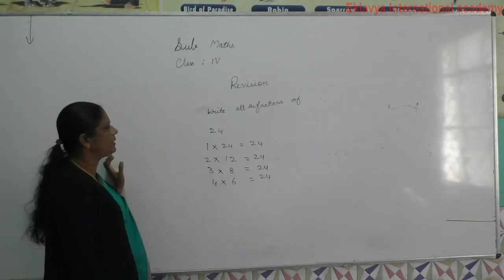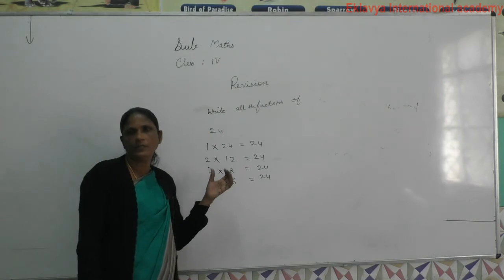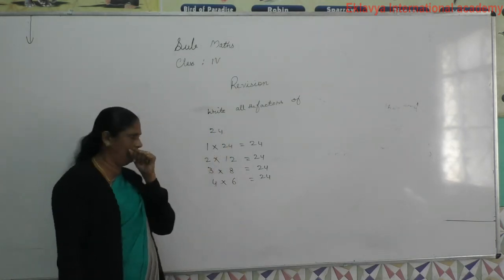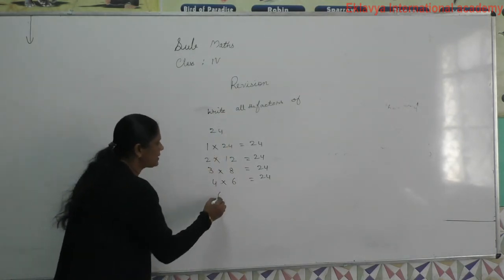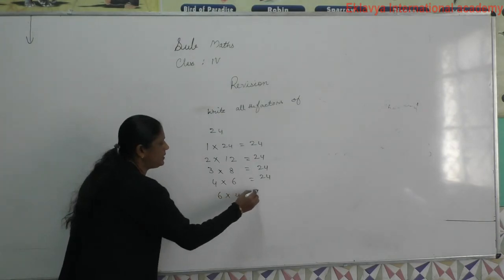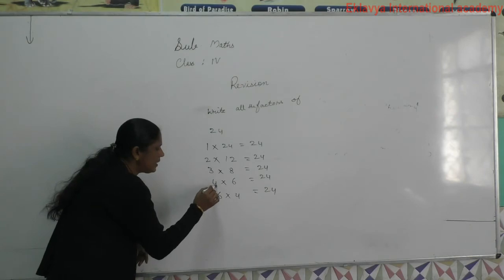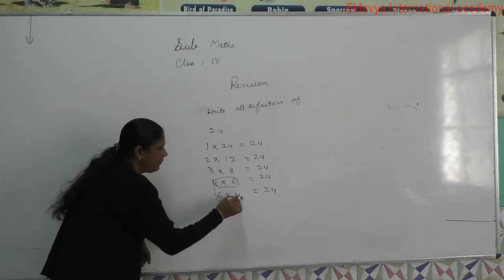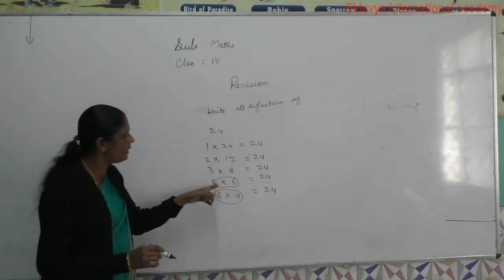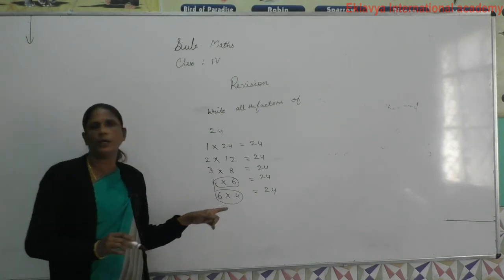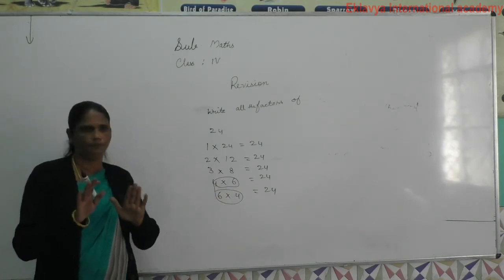Then you say the table of 5. Is 5 a factor of 24? No. Then again 6 and 4 are the factors of 24. Here 6 and 4 are repeated. Look here, 4 and 6, here 6 and 4 are repeated. Then you stop.